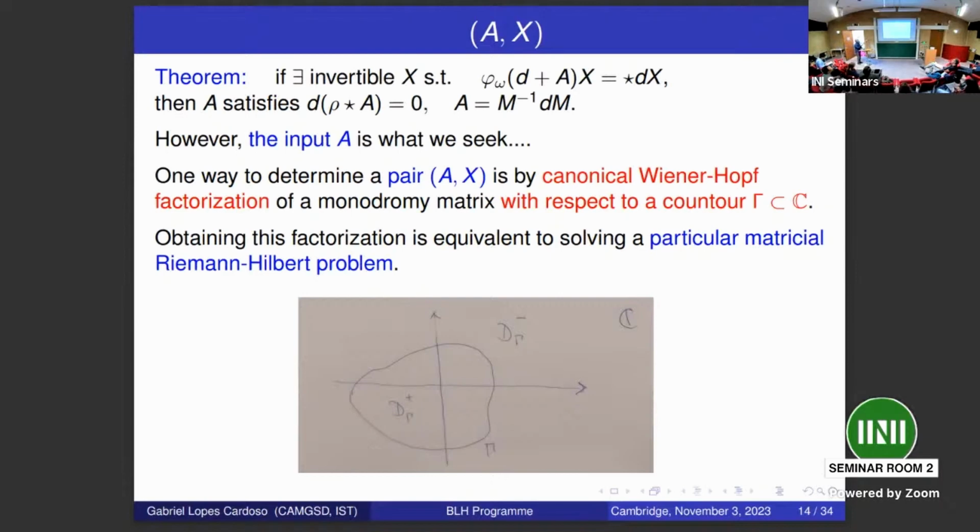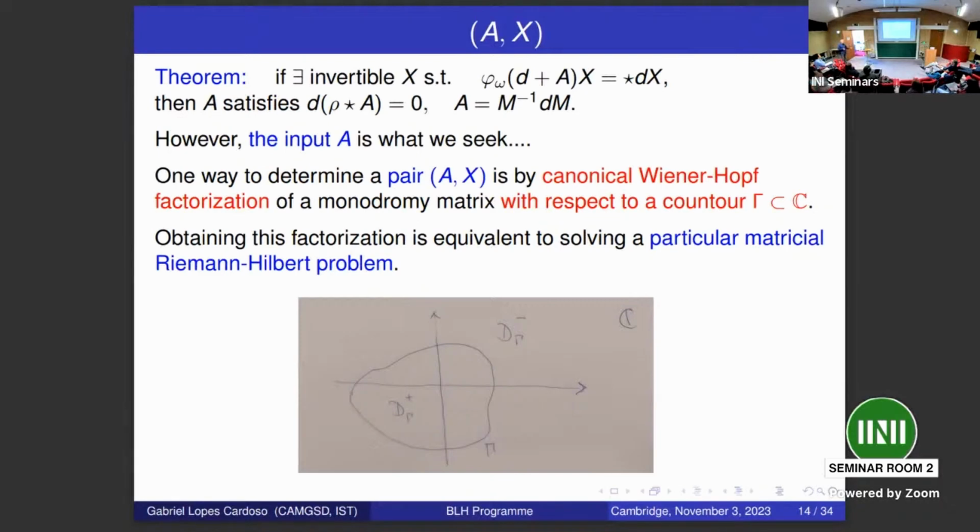So this linear system is nice, but it uses A as an input, but A is a solution to the equation of motion, which is precisely what you are trying to get at. So the way to actually look at this linear system is to say that there's a pair of unknowns here, namely A and X.